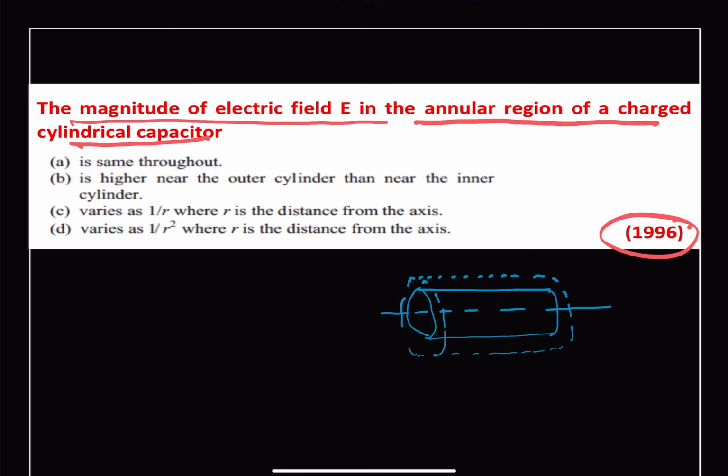We can consider a Gaussian surface which is inclusive of both. So this is our Gaussian surface, and the length of this Gaussian surface is L, and the radius of this Gaussian surface is R.